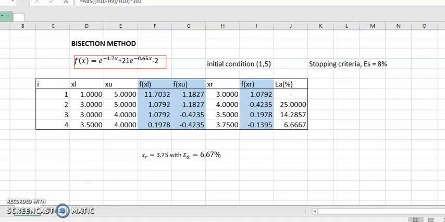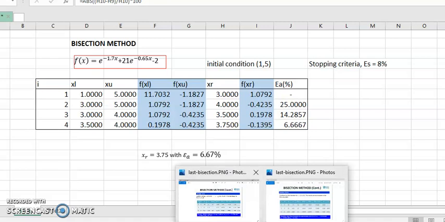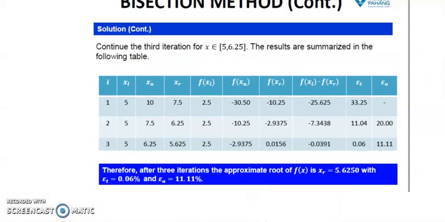If you use my method, make sure your table looks like this. But if you use the evaluation in the lecture notes, your table must look like this. Make sure you have this additional column here if you use the explanation in the lecture notes.